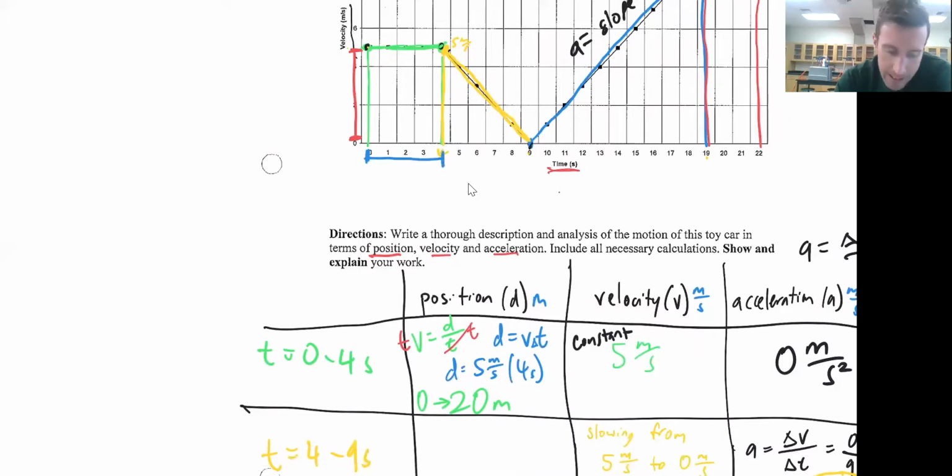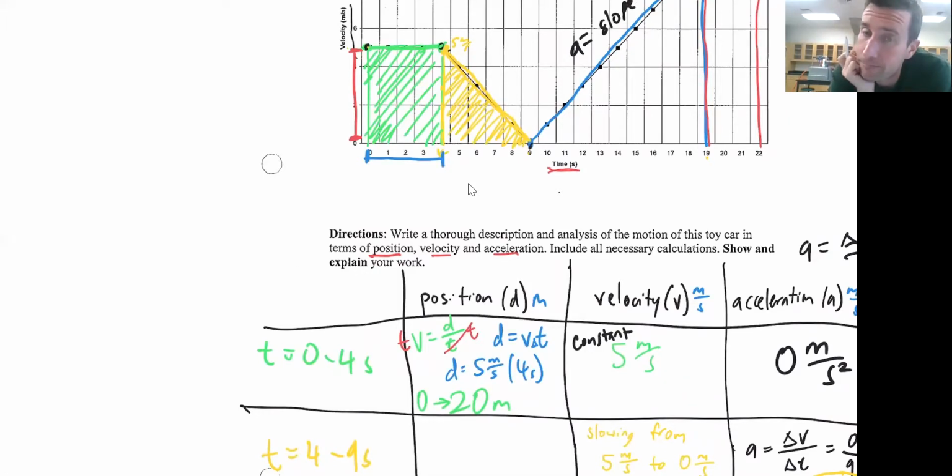And if I multiplied those together, what I really did was I took the area of that square. I took the area under the graph, the area under the curve for that section. So for the next one, from 4 to 9 seconds, I could do the same thing. I could take the area underneath that curve for that section, and that would tell me how much additional distance I would move.